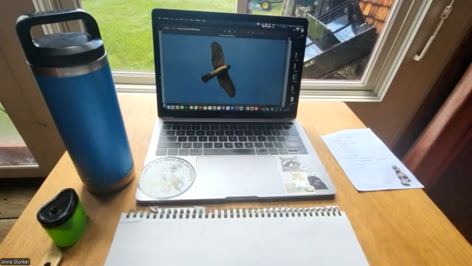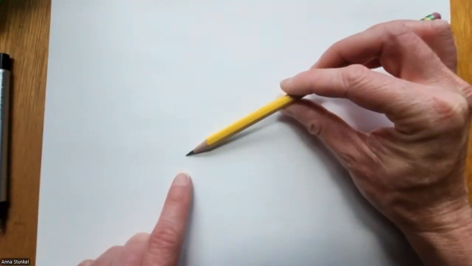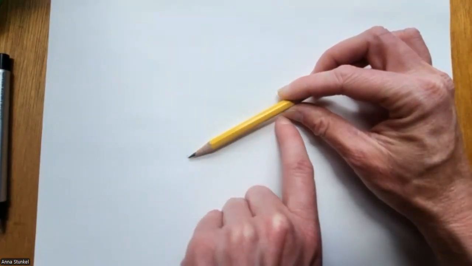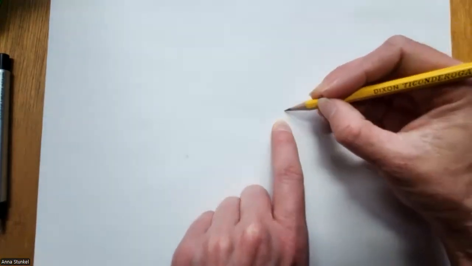If everyone can see that, then I go back to my paper and make a little mark for the end of the tail. And this is the spot where my thumb was for the end of the head or the bill, and then you can have another mark.